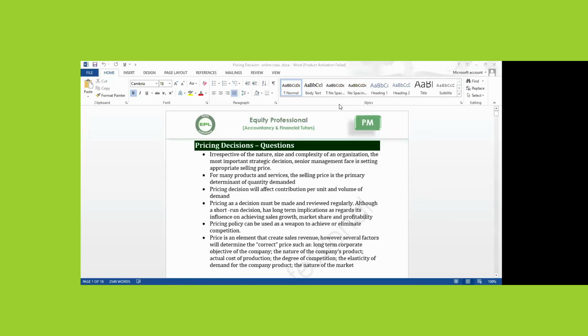You can also use your price to encourage competition. Price is an element that creates sales revenue. There are several factors that determine the appropriate price.